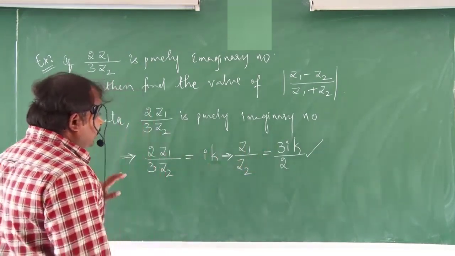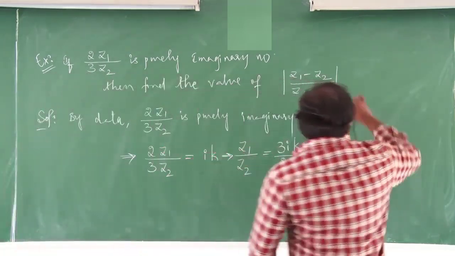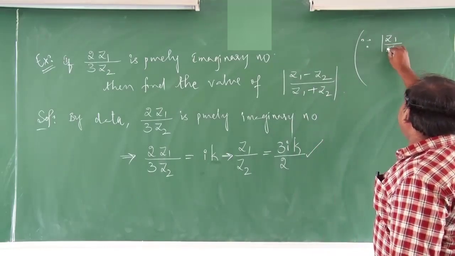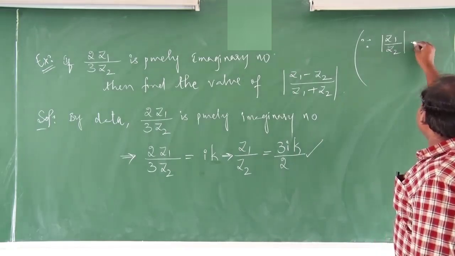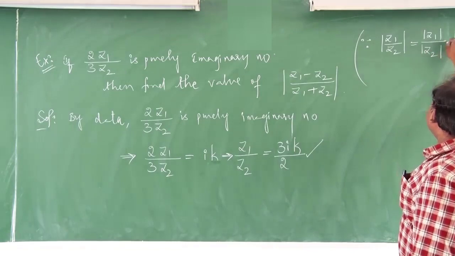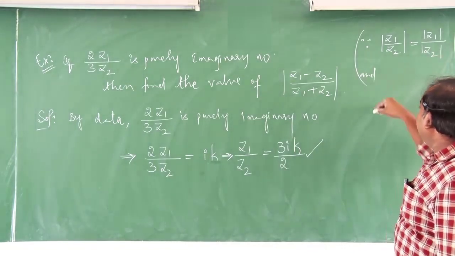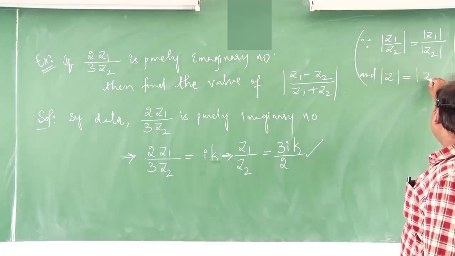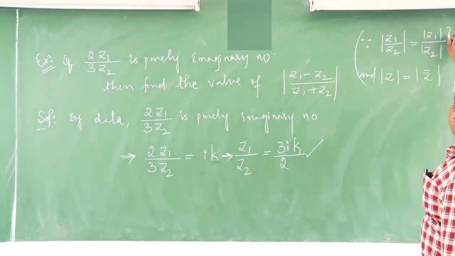Now, while entering into this bit, first we know that modulus of z1 by z2 is modulus of z1 by modulus of z2. And for any complex number, its modulus value equals its conjugate's modulus value.